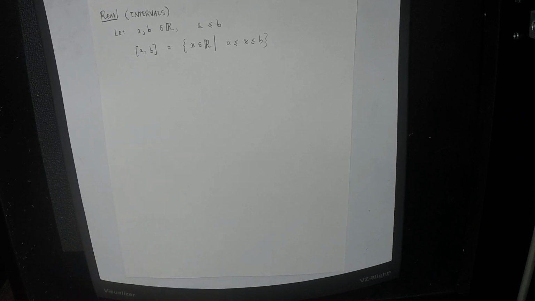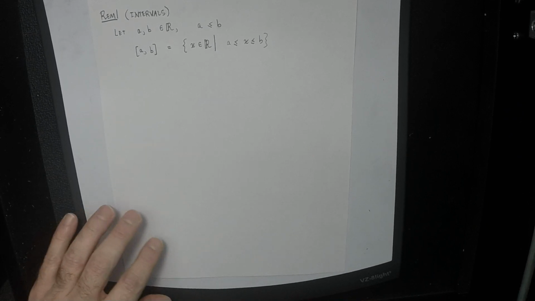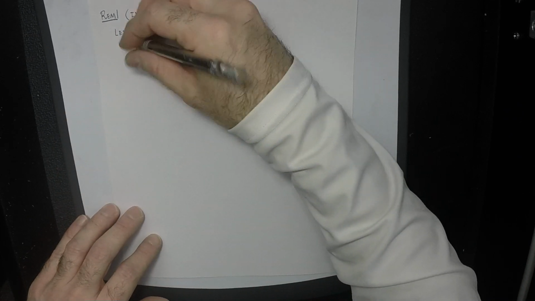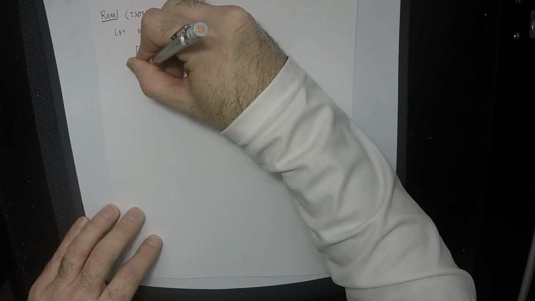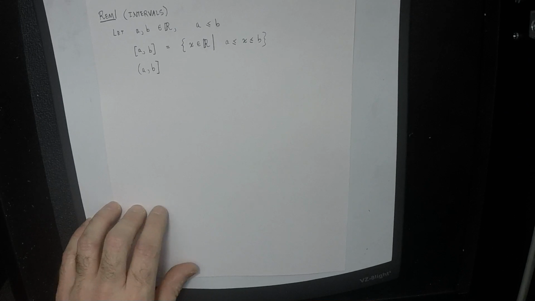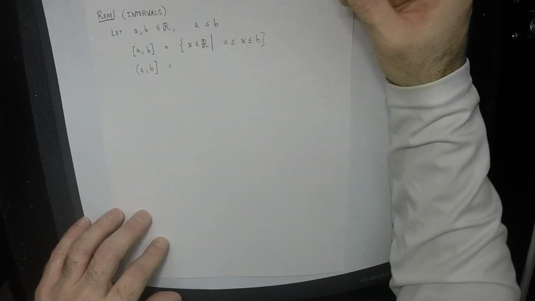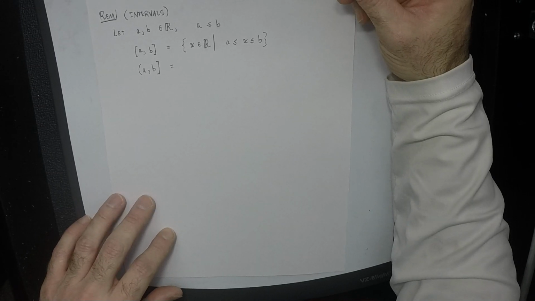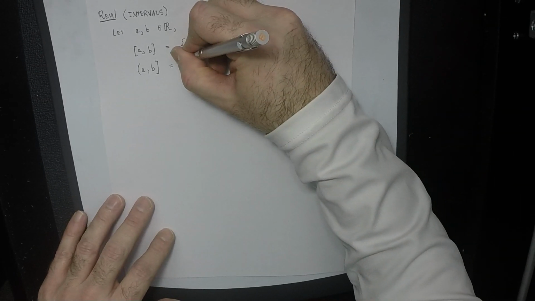Okay, so this should be no real surprise. We'll do the others very quickly. So A, B, like so, where A has a parenthesis and B has a bracket. What does that mean? Very good.